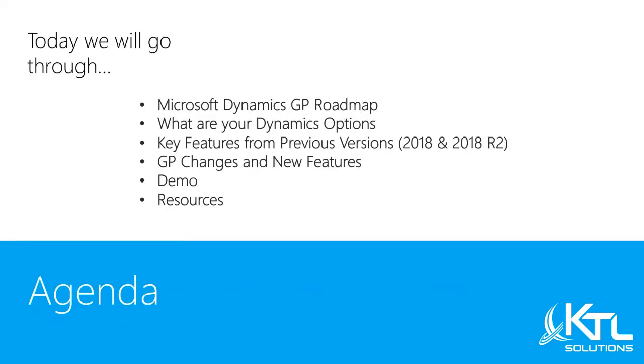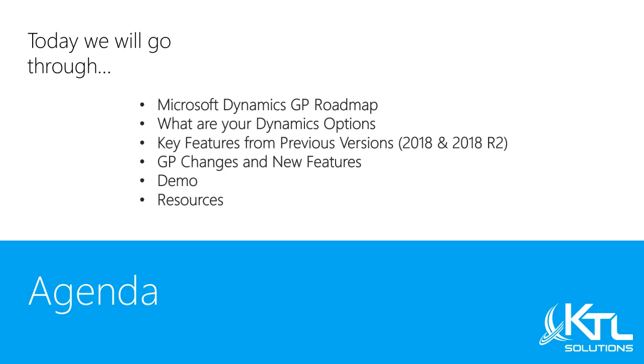So today we're going to talk about the roadmap for GP, and what your options are as a Dynamics GP customer. We're also going to talk a little about some of the key features from previous versions, because many of you are not just moving from today. We're going to focus on 2019 features, but many of you are on older versions, maybe 2016 or older, and you need to know the highlights of previous versions that are not in your current environment.